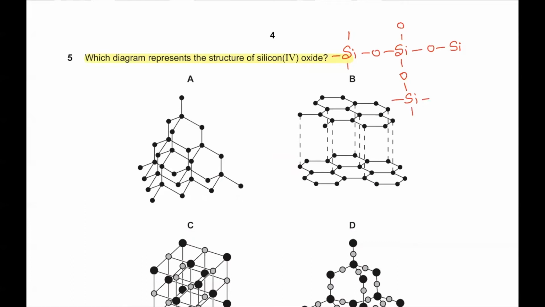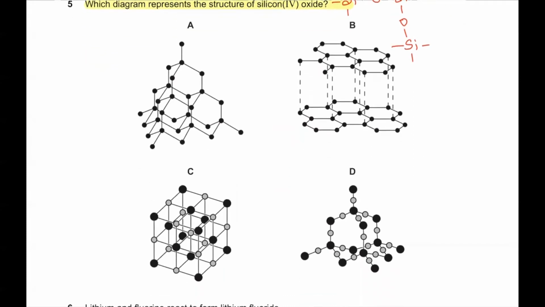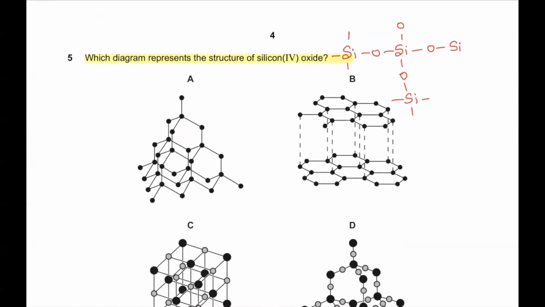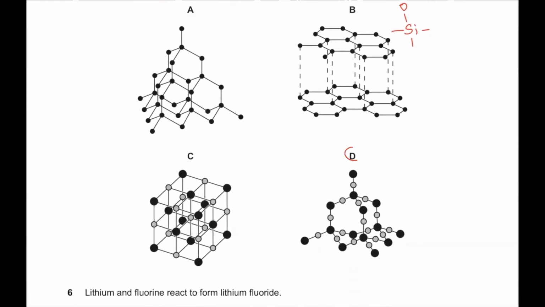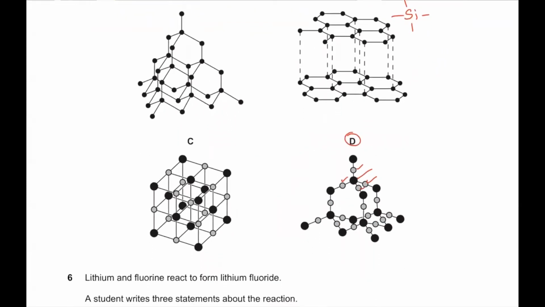However, in diamond, each carbon is bonded with 4 other carbon atoms. According to the description I have drawn, this is going to match with D. In D, we have a middle silicon bonded with 4 oxygens, which are then bonded with silicons. So D will be the correct answer.